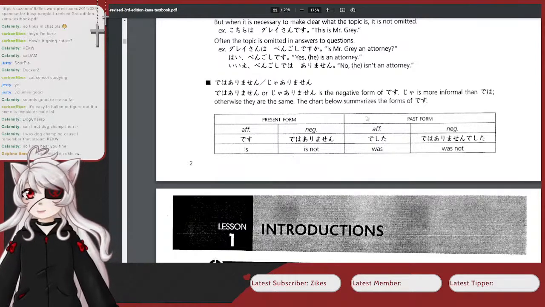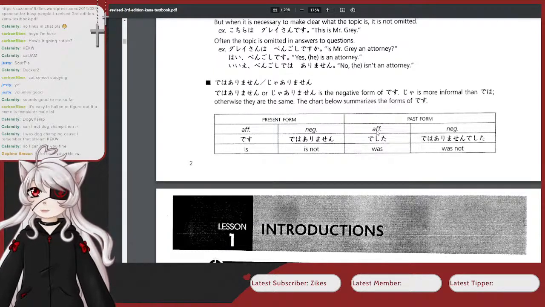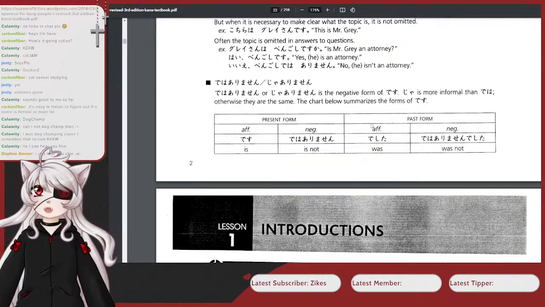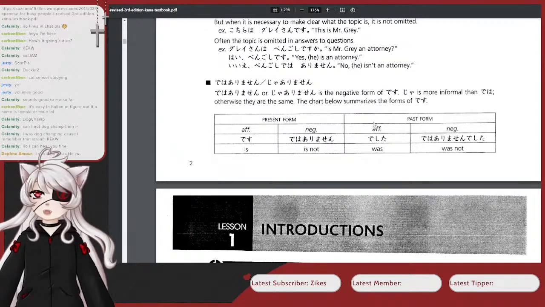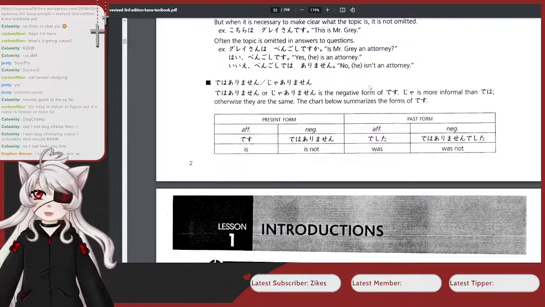And then you have the past form ones, which is deshita. A lot of people used this, there was that meme, I'm not sure that's the word for it, where people did the introduce yourself to a song.